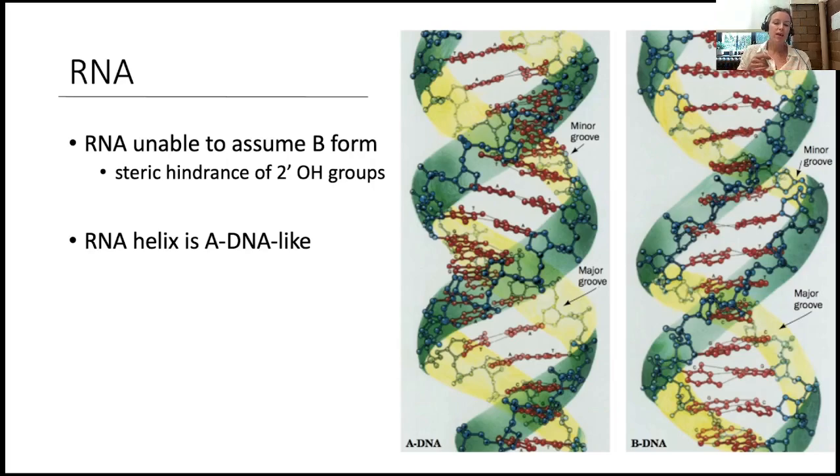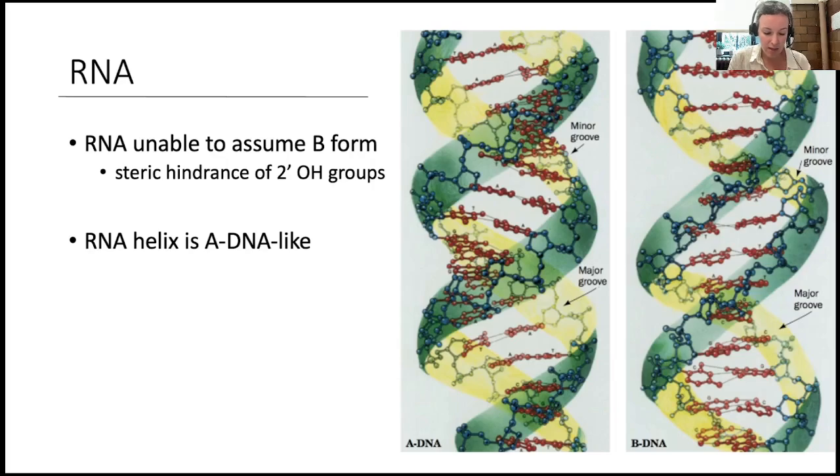So let's connect our understanding of the A form and B form of DNA to some structure function stuff. So RNA is always in the A form. Why is this? Well, let's recall that RNA, ribonucleic acid, has an additional hydroxyl group coming off the sugar.